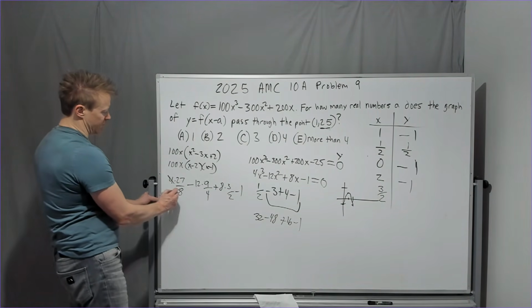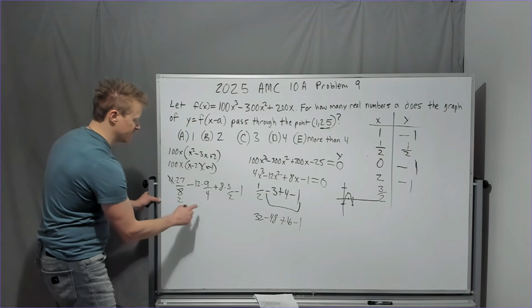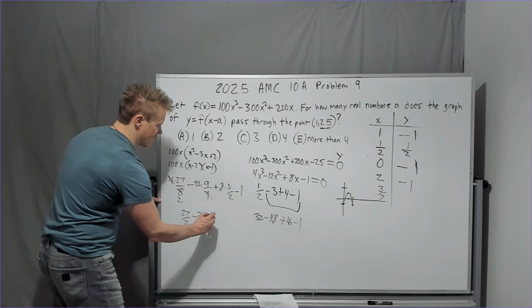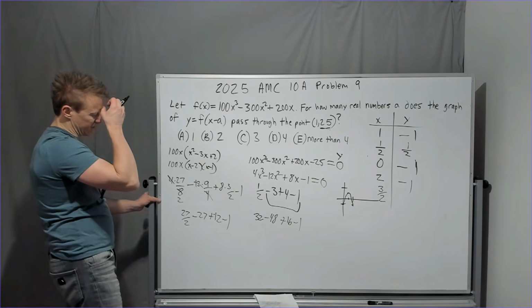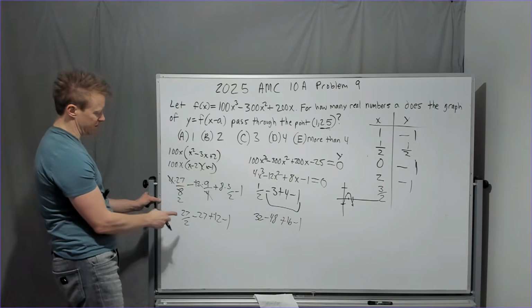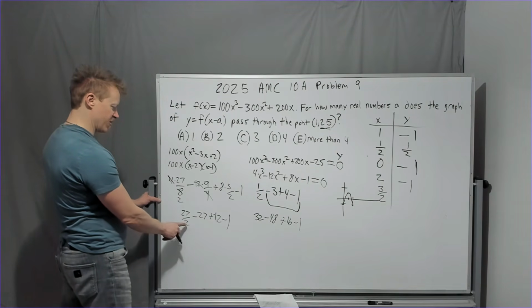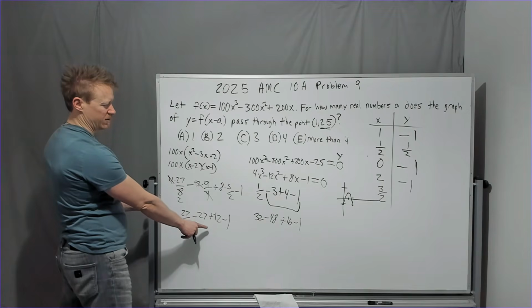So 4 over 8 is 1/2, so I've got 27 over 2. Here you're going to have minus 27. Here you're going to have plus 12 minus 1. So it looks like we're getting quite a big negative number. Maybe not. 13.5 and 12.